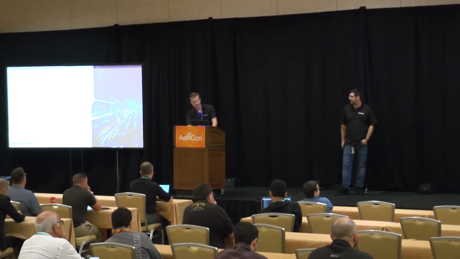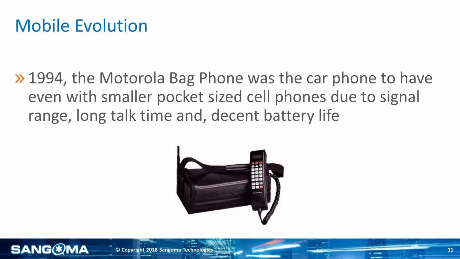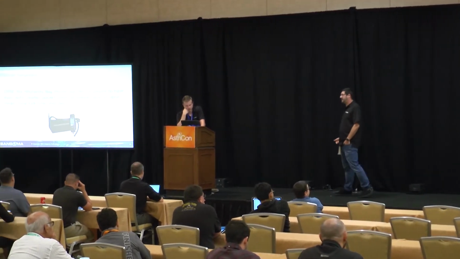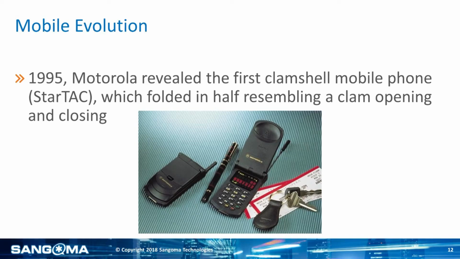Okay, so now we're going to talk a little bit about mobile. In 1994, how many people remember cell phones back in the 90s, right? So in 94, the Motorola bag phone was the car phone to have, even with the smaller cell phones, right? And it was because of the range, the talk time, and the battery life, right?